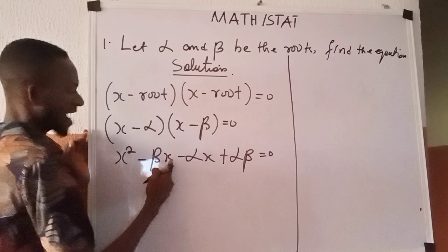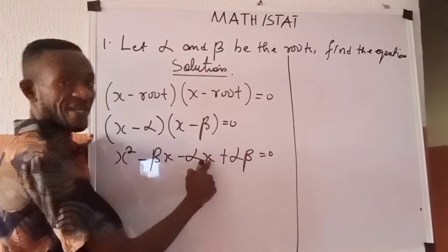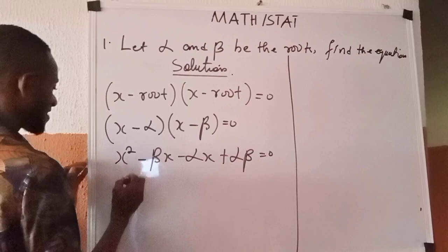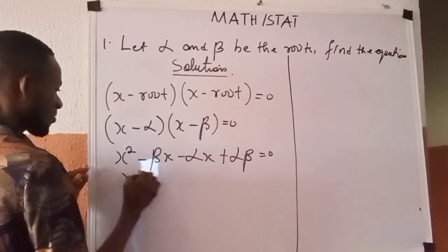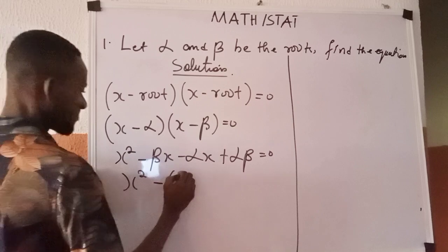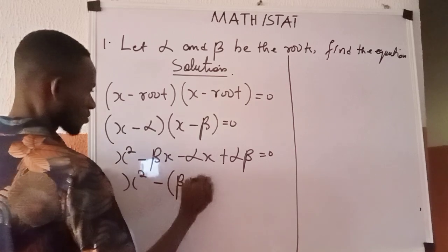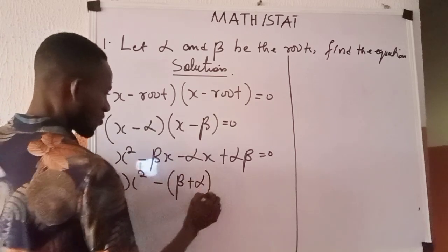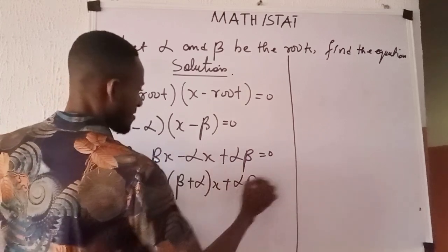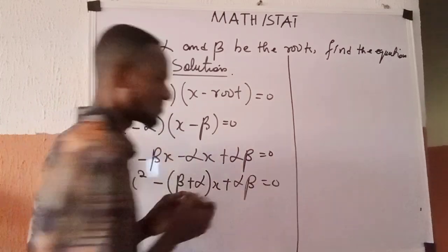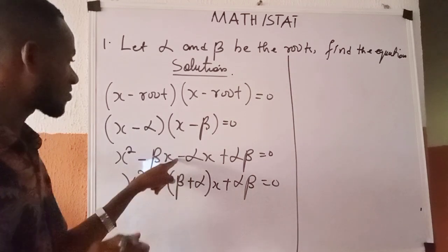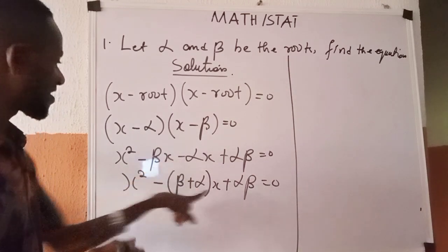I have an x here and I have an x here, so I can factorize these two terms by saying that this is x raised to the power 2 minus, I'll open a bracket, beta plus alpha, close the bracket, x, plus alpha beta equals 0. This equation and this equation are the same thing, because if I want to return to this one, I will now say, here is my what?